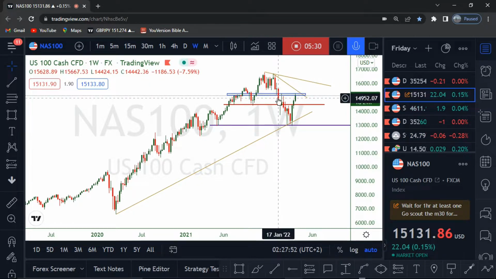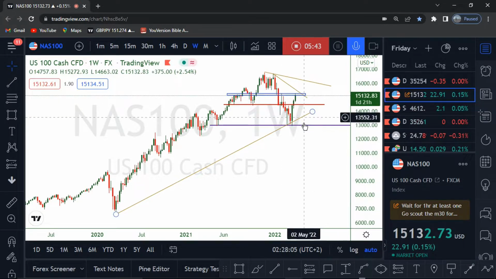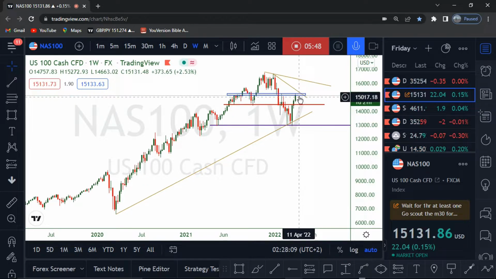Remember, this is a weekly zone, so if it held that long, on the daily it will be a much bigger resistance point than it looks like on the weekly, right? So what are we seeing right now this week? We're seeing that we potentially are closing below this resistance point, right?